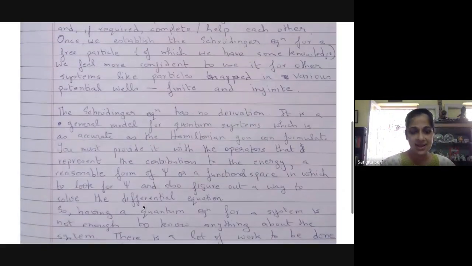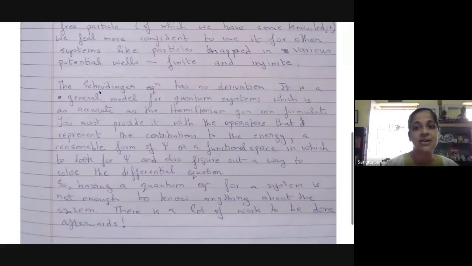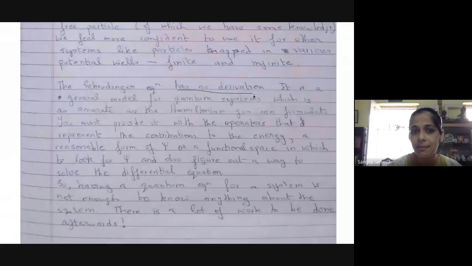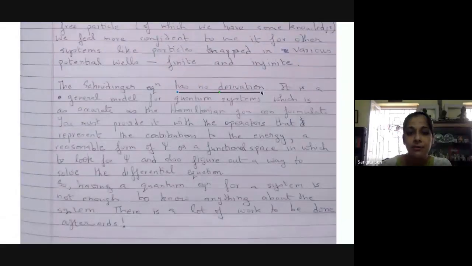So the first thing that I want to point out is that the Schrodinger equation has no derivation. It is basically a model for quantum systems. And in the Schrodinger equation, there is the Hamiltonian, which incorporates all the physics of the system.